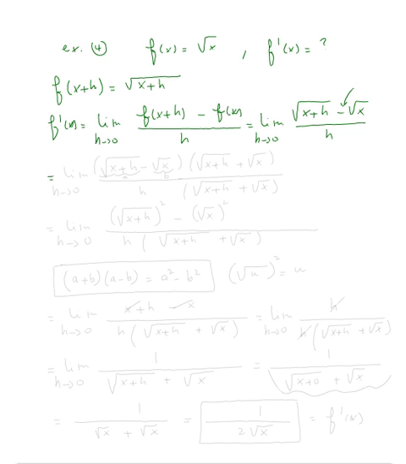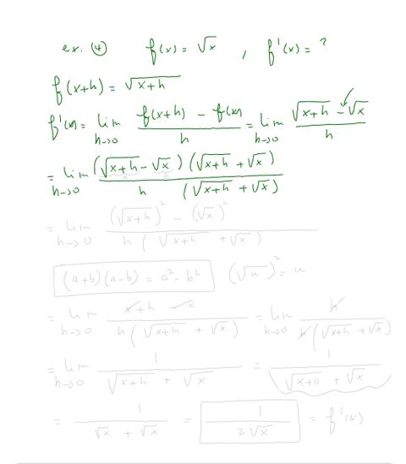So this is equal to the limit as h approaches 0 of square root of x plus h minus square root of x over h. Now if we multiply the top by the conjugate, which is square root of x plus h plus square root of x, then we need to do the same thing to the bottom. So square root of x plus h plus square root of x.